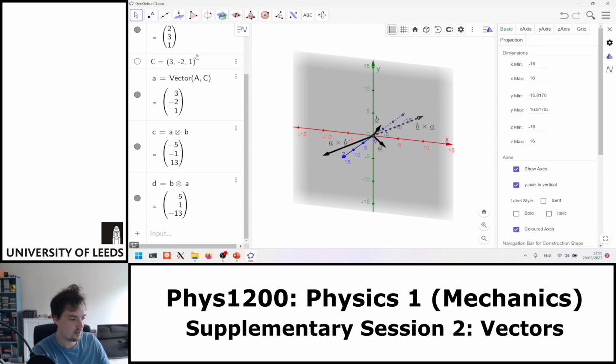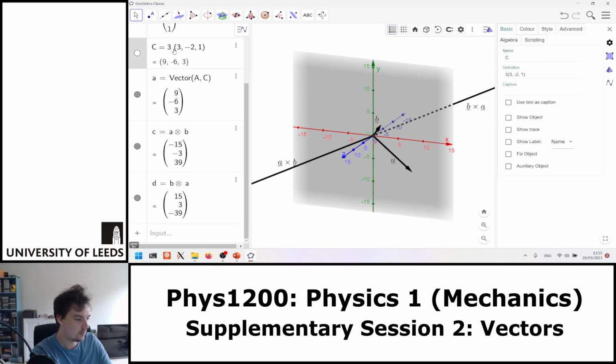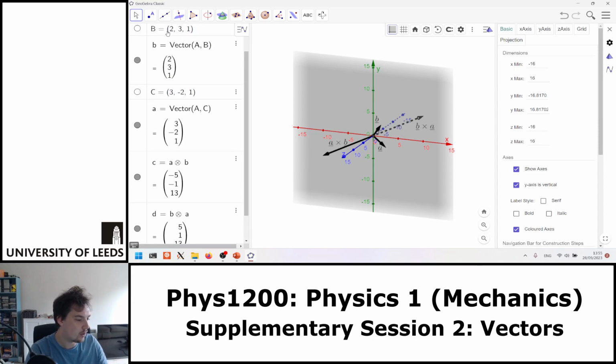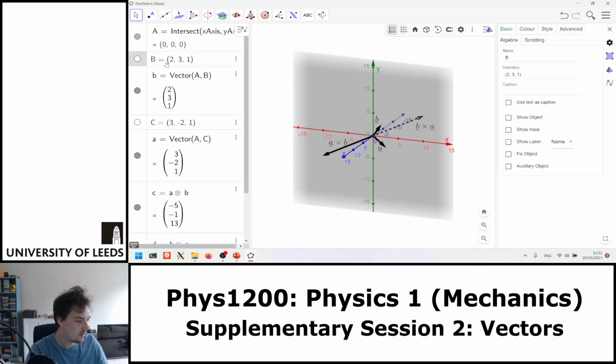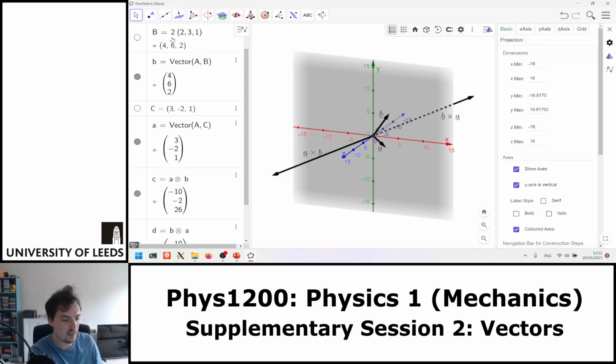So if I take that away, it shrunk down. Well, 2 times-ish. If I make it 3 times as big, it gets even bigger. And the same is true with B as well. So this point B is the vector B. So if I make that 2 times bigger, check out the vector B gets bigger. The cross product gets bigger as well.